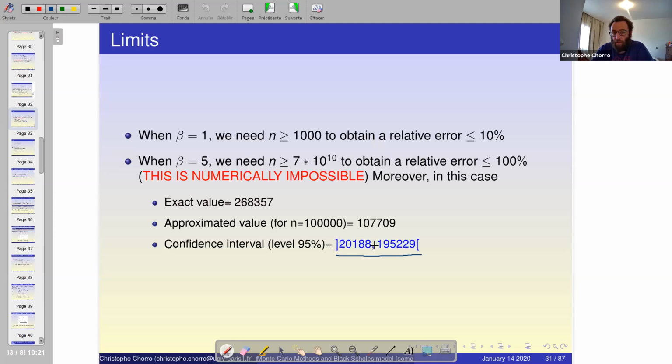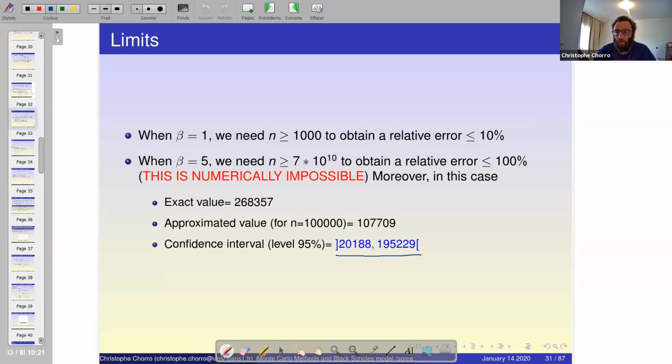We'll see what the numerical issues are concerning these two objectives, in particular in order to hedge, that is in the computation of the delta. But if you want more details concerning this little introduction to Monte Carlo methods, you can have a look at my website.